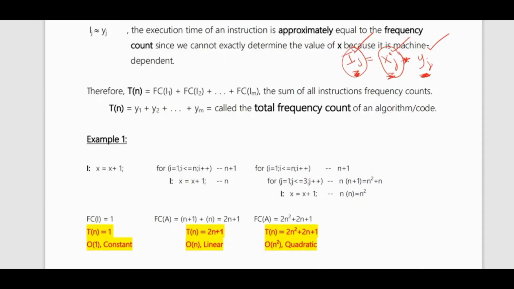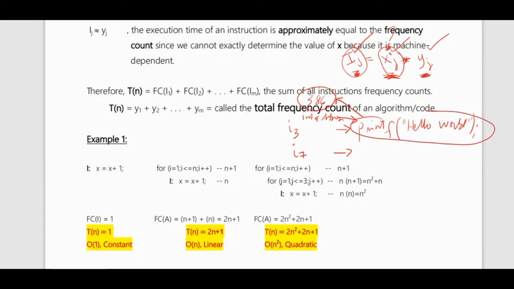But the question is, can we determine the value of xj? Take the instruction printf, for example, hello world. Say you run this on an i3 processor. Do you think the exact running time is the same when you run that same instruction on an i7 processor? The running time of this instruction depends on the speed of the processor, or the hardware specification of the computer.